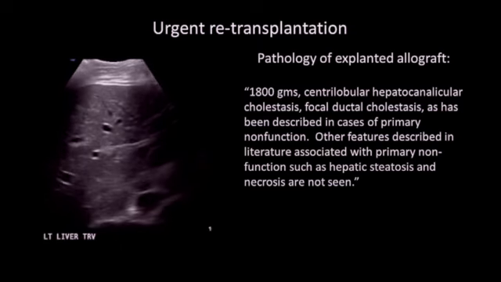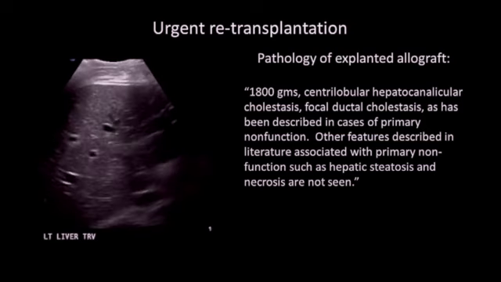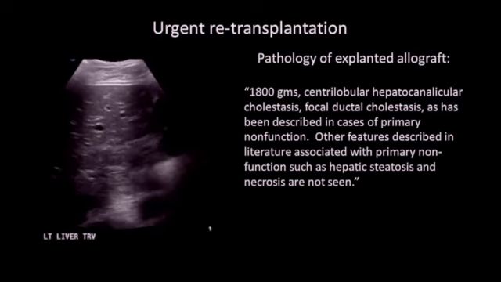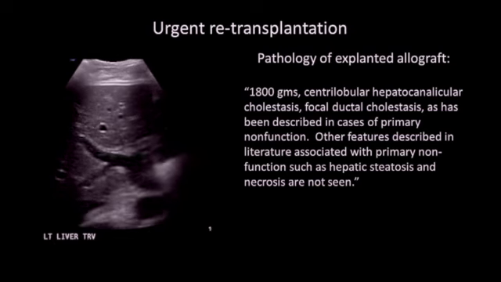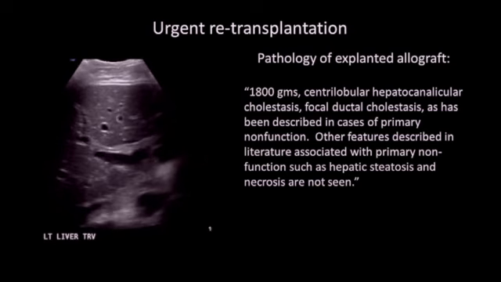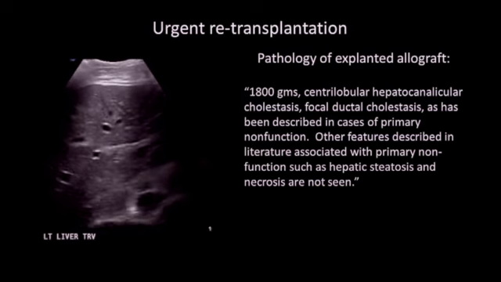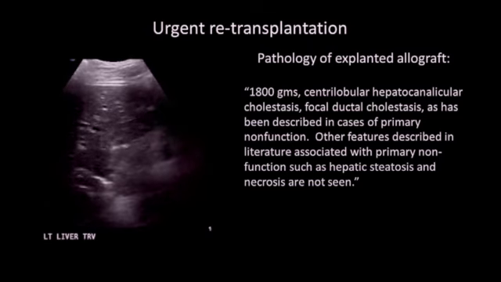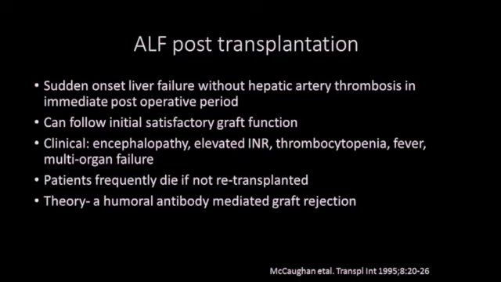So nothing very specific, but what was happening was the patient was clinically deteriorating dramatically, and this was felt to be primary graft failure. The patient needed an urgent retransplant and received one within a day. On the explant, there was hepatocanalicular cholestasis, focal ductal cholestasis, as has been described in primary graft non-function.